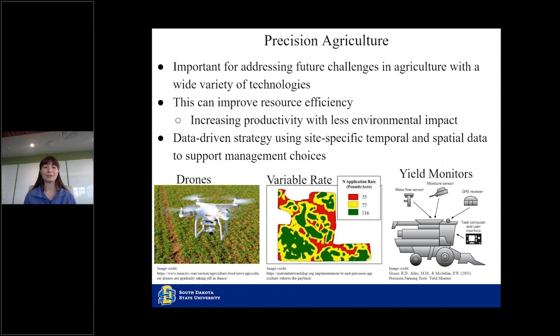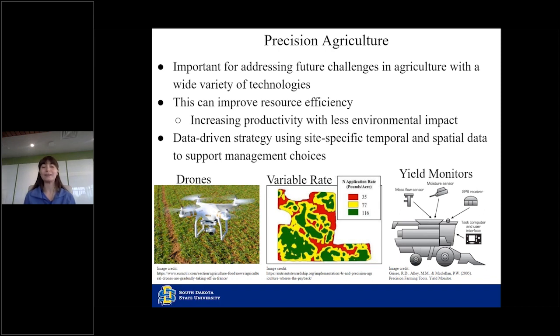Precision agriculture is really important for addressing future challenges in agriculture that will be exacerbated by climate change, as well as challenges that we haven't seen yet. Precision agriculture is a wide variety of different technologies, and they can essentially improve resource efficiency, increase productivity, and reduce our environmental impact.